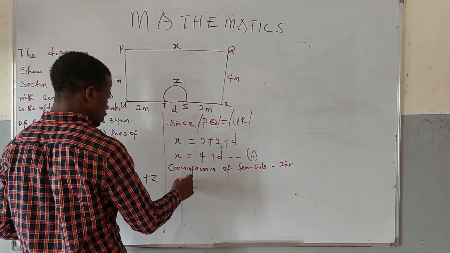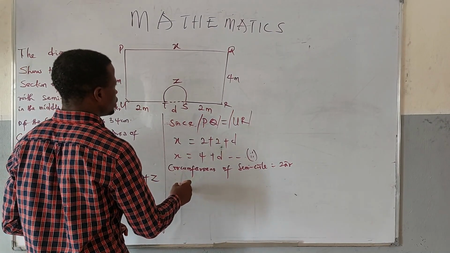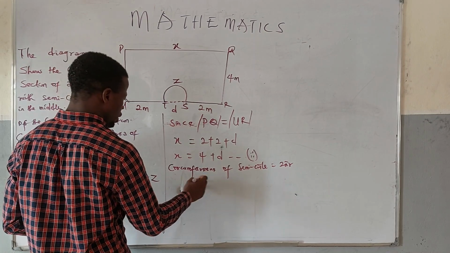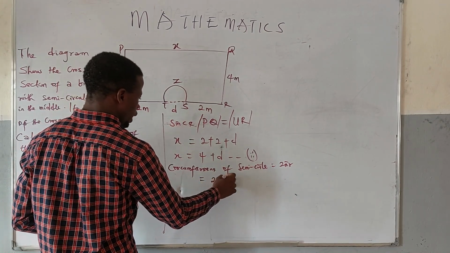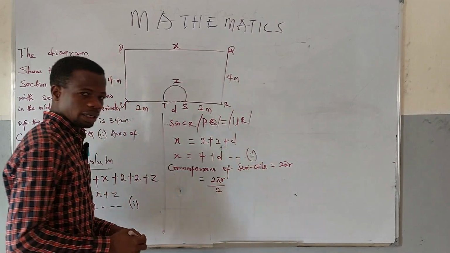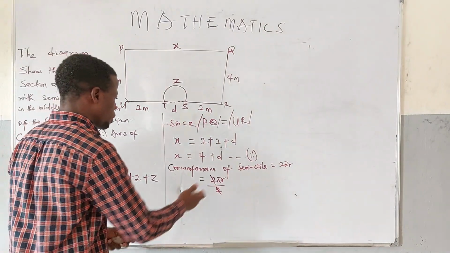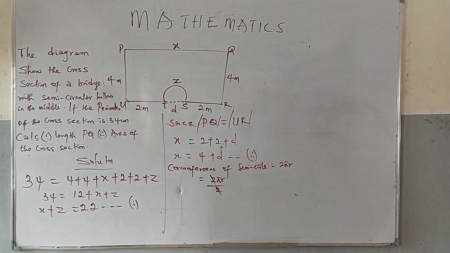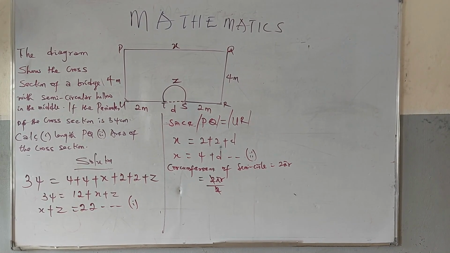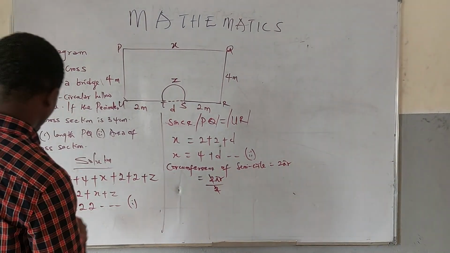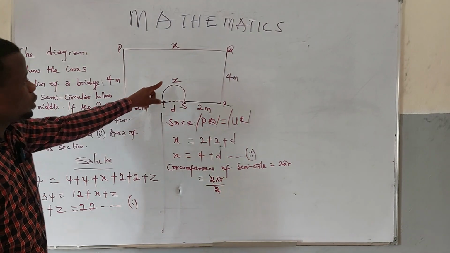The circumference of a circle is 2 pi r, so over 2, this cancels out this, and we have pi r left. So the question now is, I want you to realize that from here, x plus z, what is z?